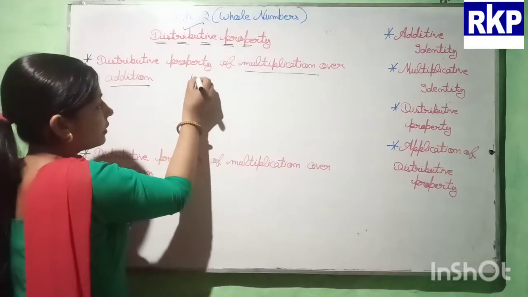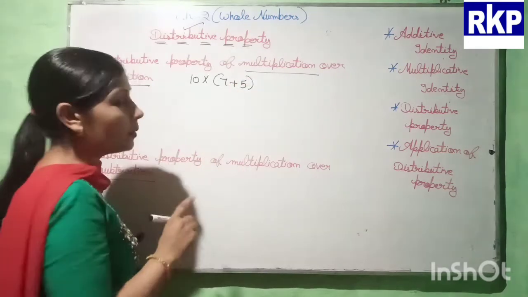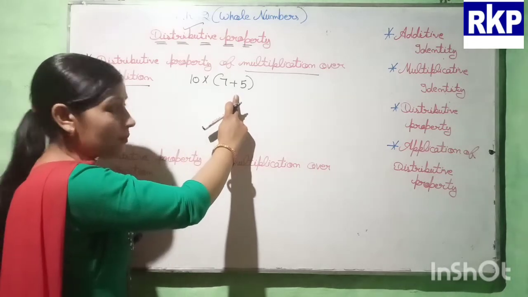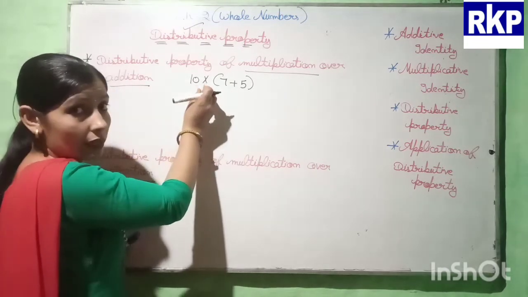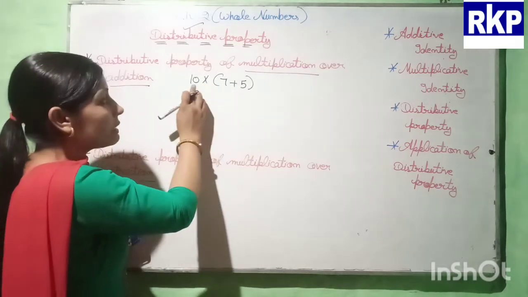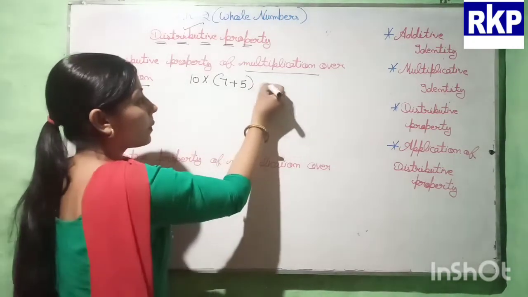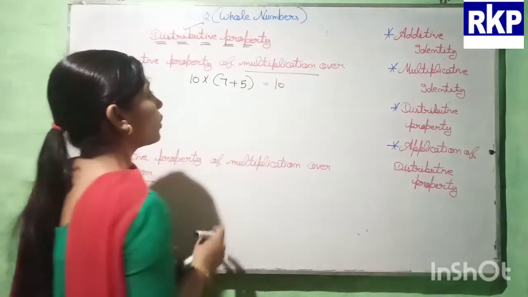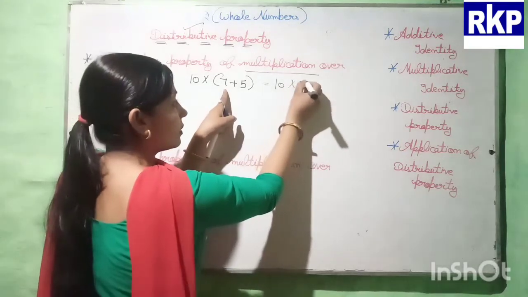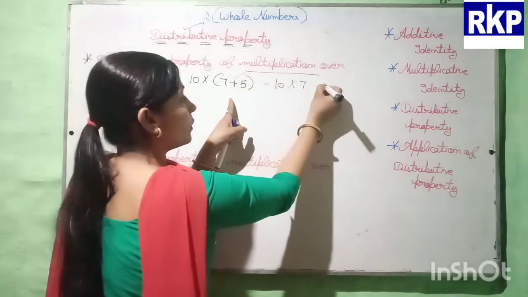If I write here 10 multiply 7 plus 5, here is the sign of multiplication and here the sign of addition. So now we will distribute this multiplication over addition. We will share this 10 with 7 and with the 5 also, beta. First we will write 10 multiply with 7, then the sign of addition.